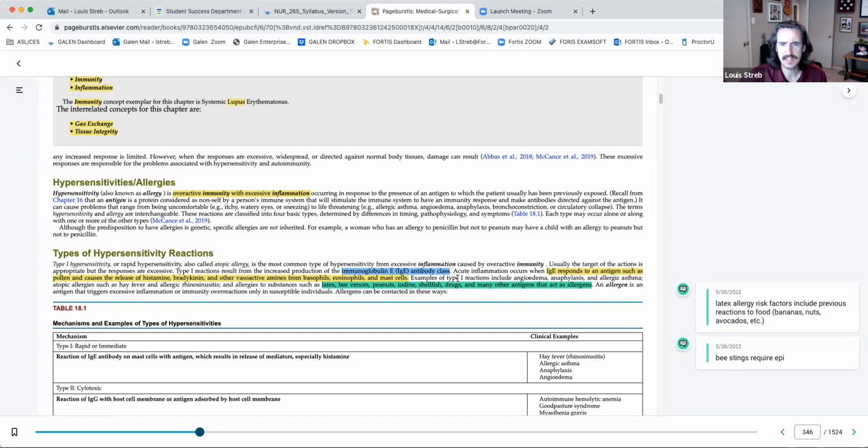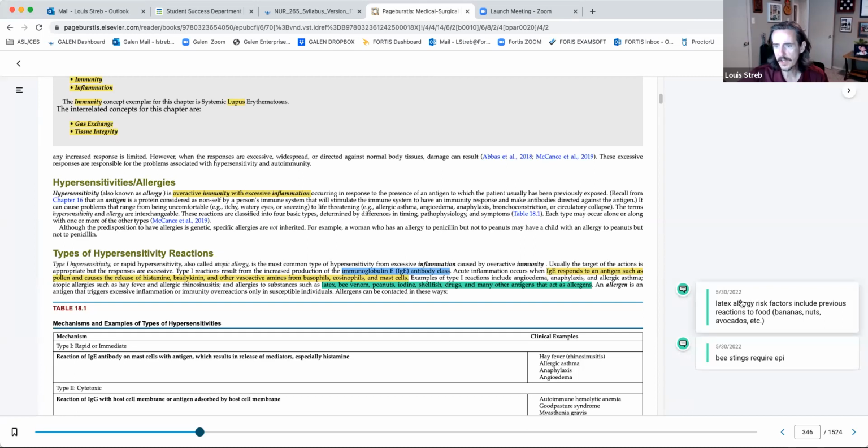It says an example of a type 1 reaction includes angioedema, anaphylaxis, allergic asthma. We know that certain times when you get stung by a bee, or you get exposed to latex or peanuts or iodine, shellfish, any of that kind of stuff, these and many other antigens will act like an allergen, and then your body starts attacking those.